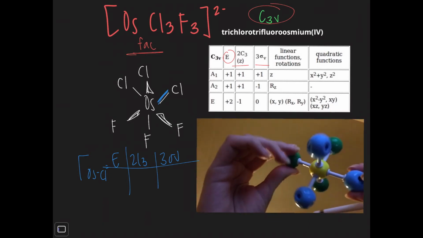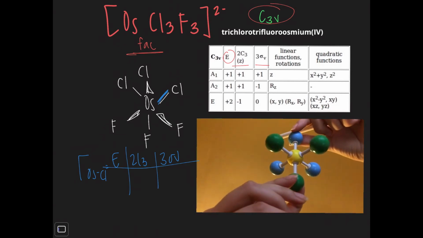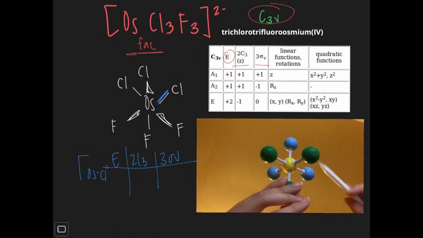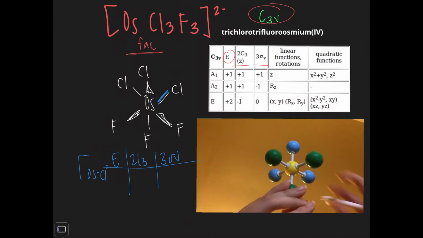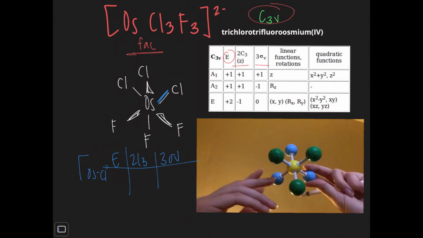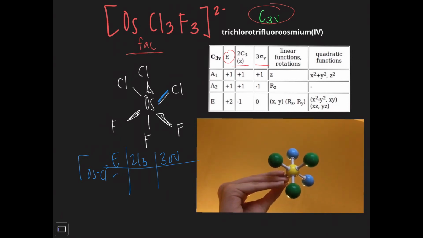So here is my facial isomer, and as you can see, for the identity operation, let's say the green ones are the Cls, we can see that we have 3 of them, and in an identity operation, none of them move. So for that, we're going to have a 3.